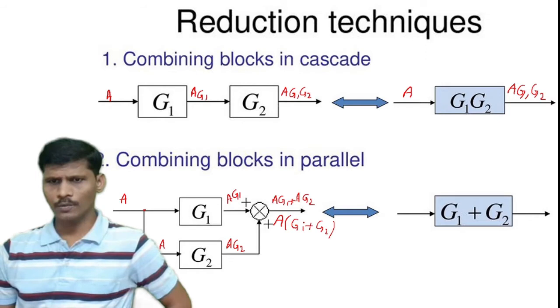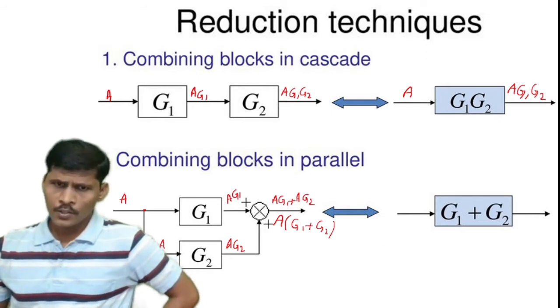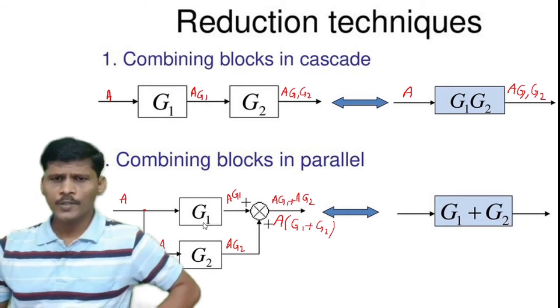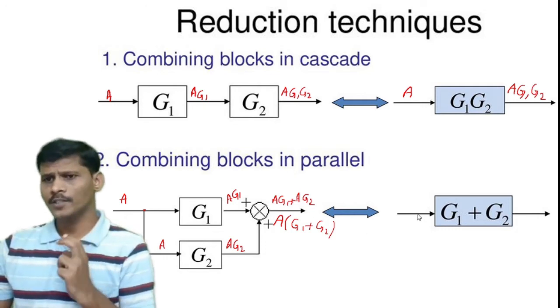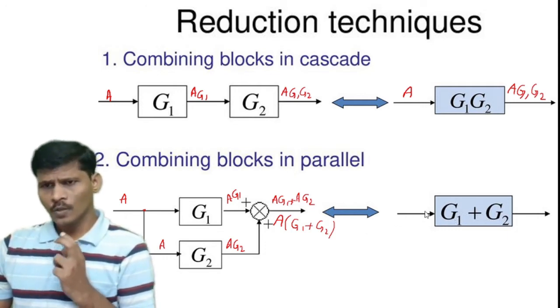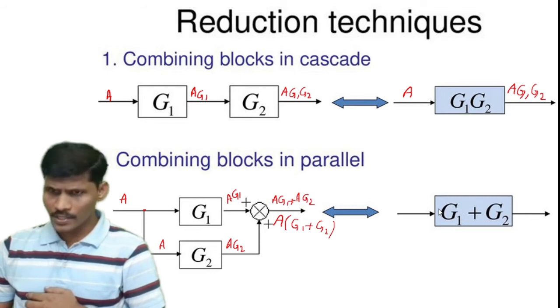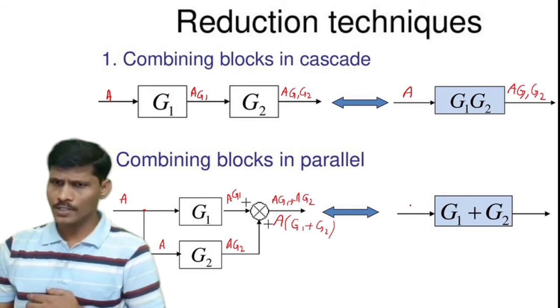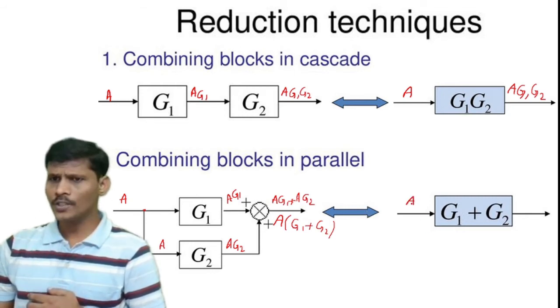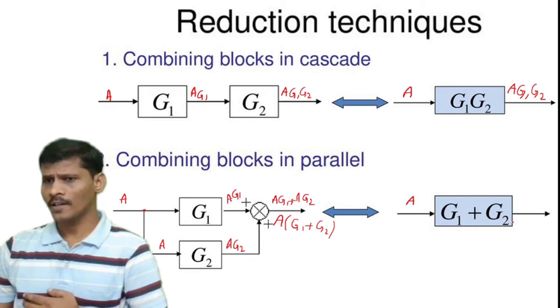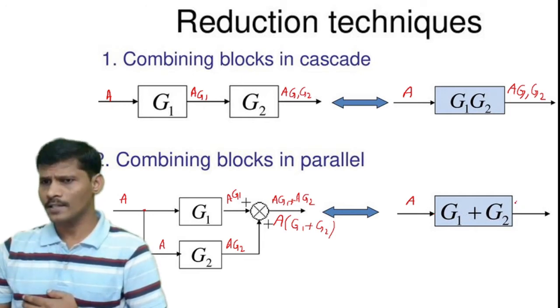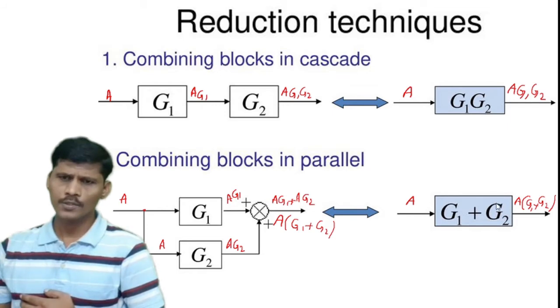These two parallel blocks are combined into a single block, and that equivalent representation is this one. In this block the input is A, and the output of this block is A into (G1 plus G2). Both blocks' outputs are the same.